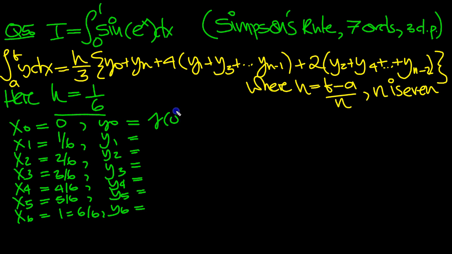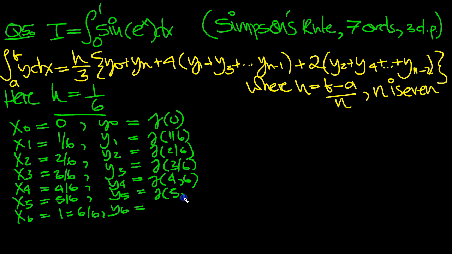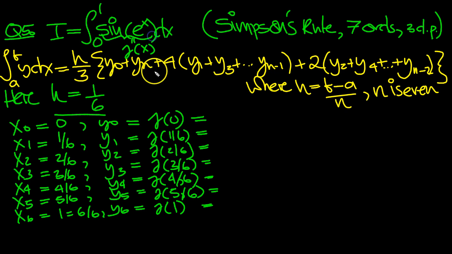So this would be f of 0, f of 1/6, f of 2/6, 3/6, f of 4/6, 5/6, and f of 6/6 or 1. So this is what we need to put in the calculator. We wrote f just to save a bit of time for the function in question, it's sine e to the x.